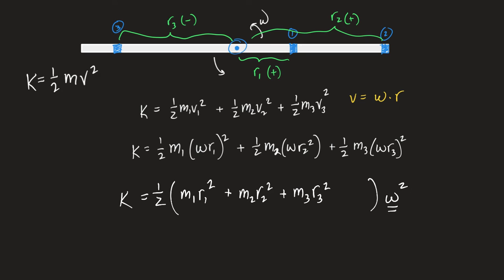That's incredibly important, and I would really like you to drill that into your notes, that it looks like the inertia of our system is more about how far away from the axis I am than anything else. That value is squared, which takes away anything about direction, also making it more important than the mass itself.